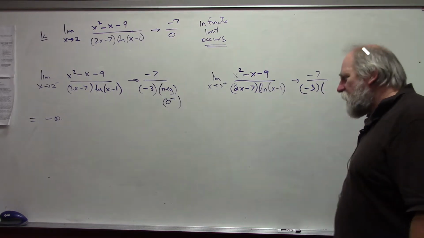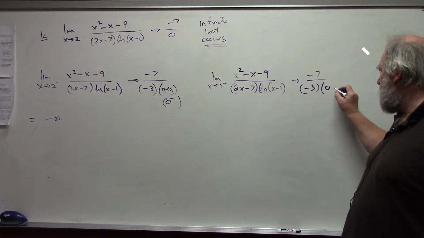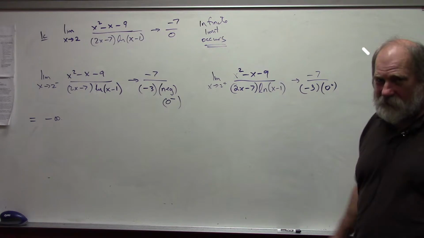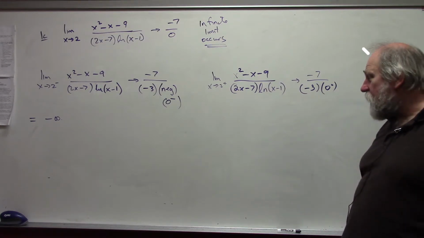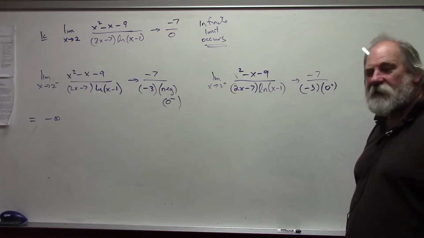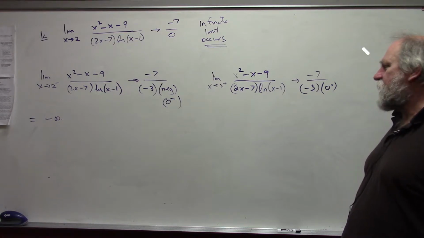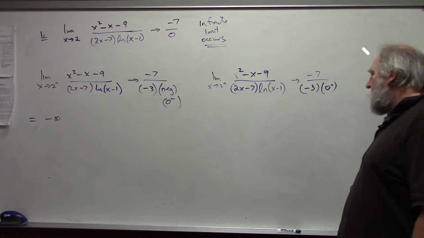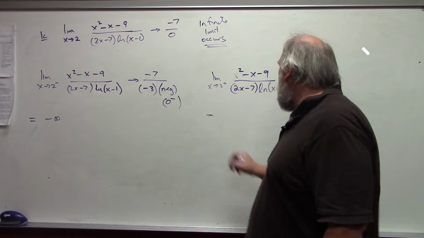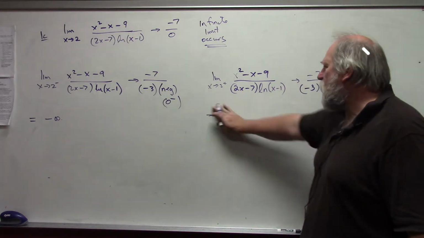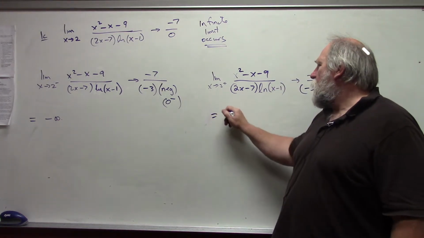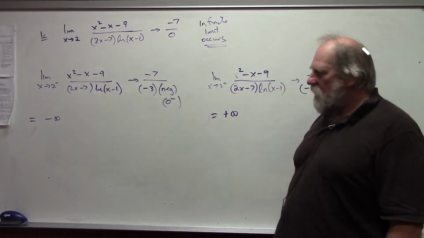My second factor now is approaching 0, but from the positive side. Because x is bigger than 2, x minus 1 is bigger than 1, the natural log of that is positive. Overall, then, I now have two negatives multiplied together, which means we end up with positive infinity.